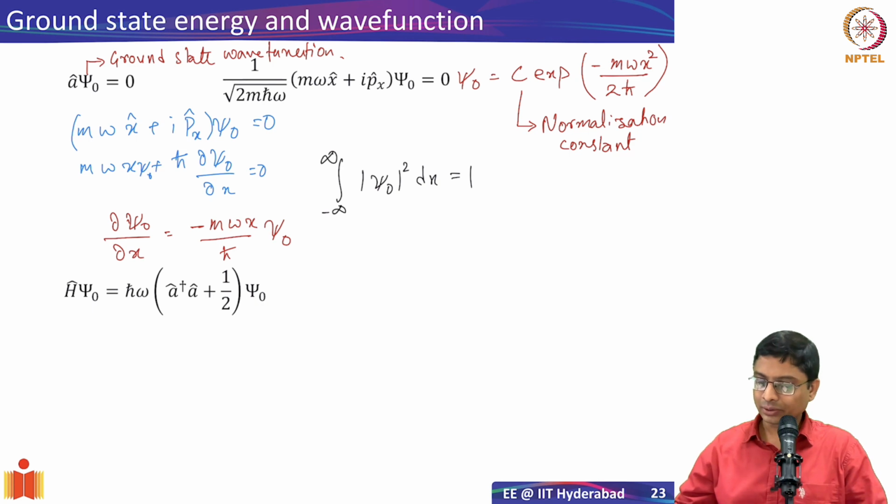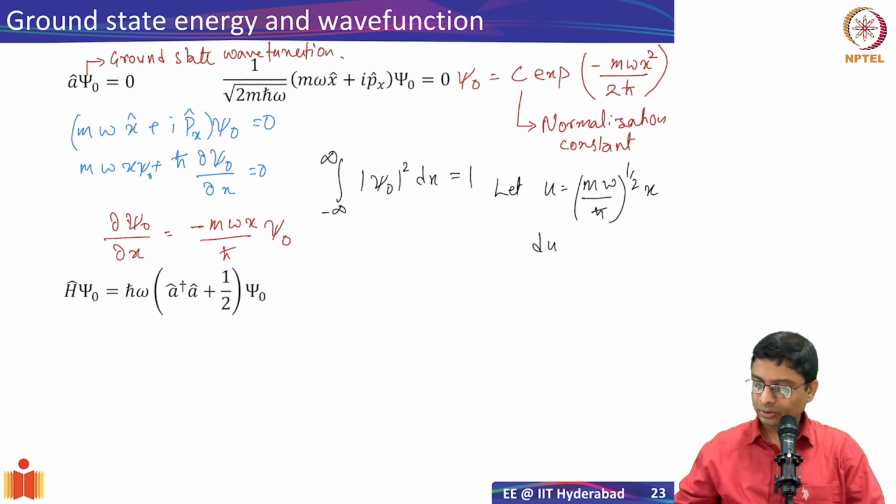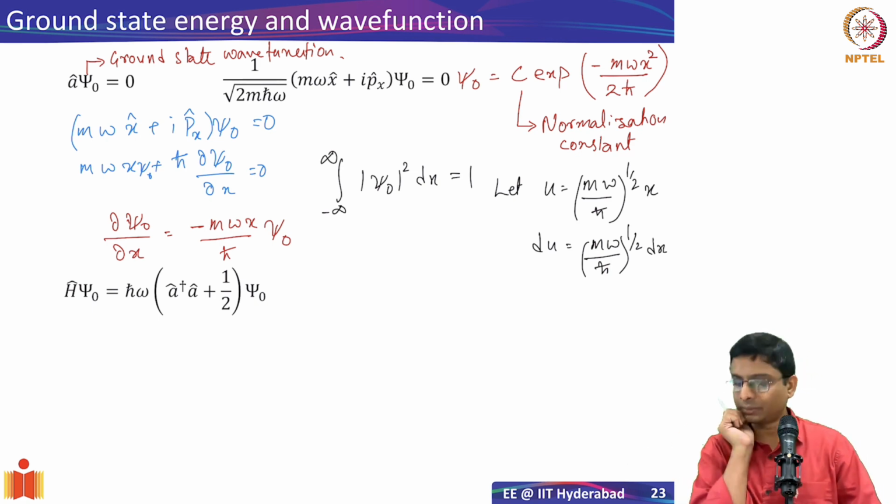So effectively, I'll say let u be equal to m omega by h bar whole to the power of half times x, so that u square is what I want. If I assume this, my du is going to be equal to m omega by h bar to the power of 1/2 dx. Correct?